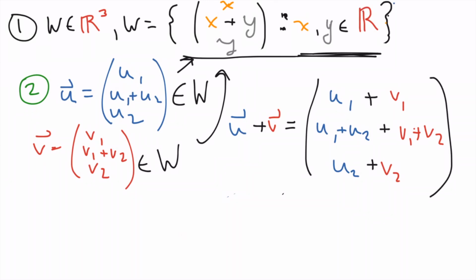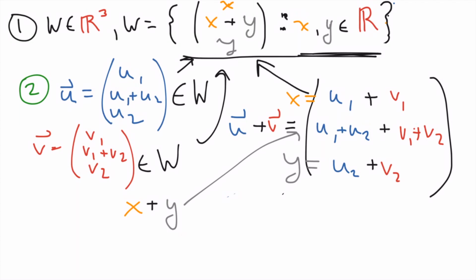And just like before, we are just checking whether or not this satisfies the specification. If it does, then it is in W. So one way to see this is, let's just say this is equal to x, and let's say this is equal to y. And then we're just asking, does x plus y still satisfy or equal this?